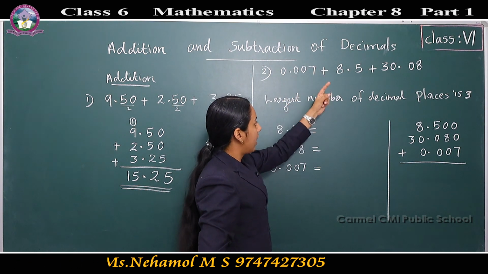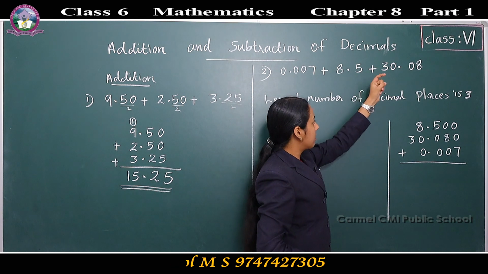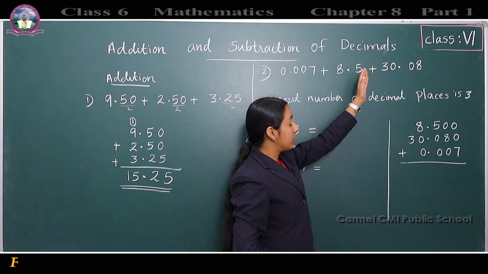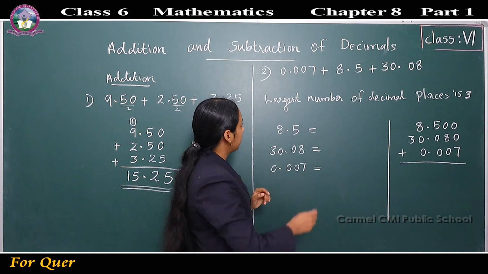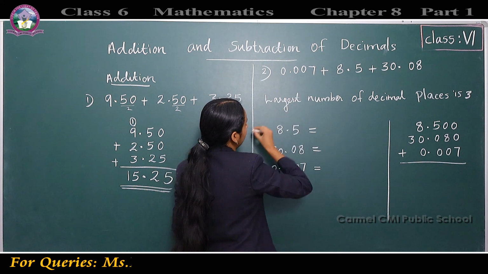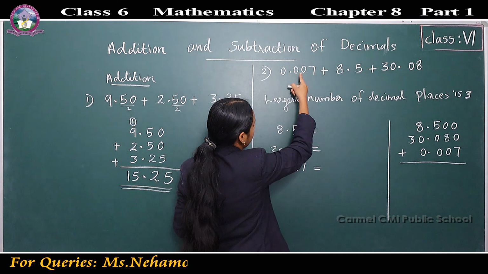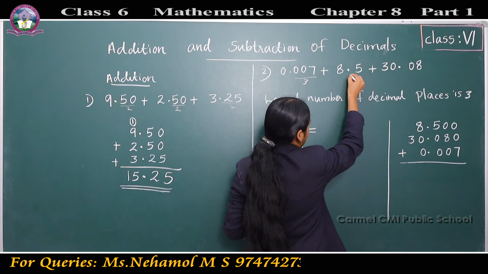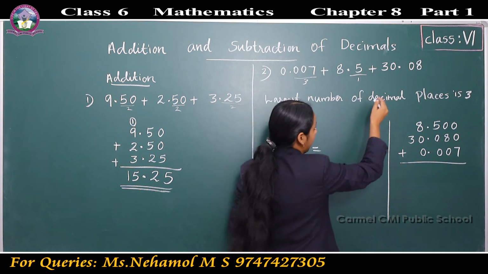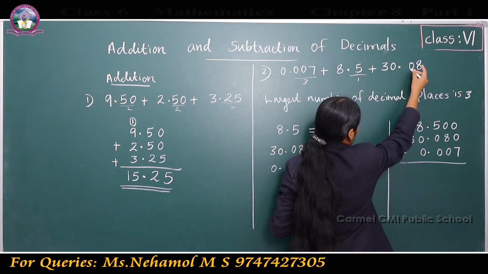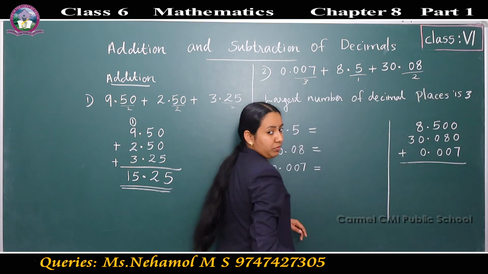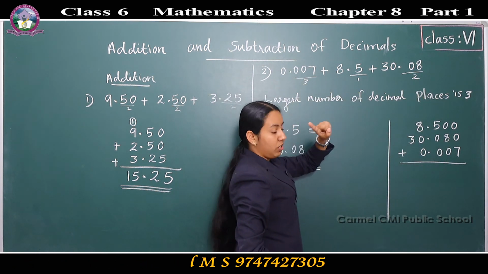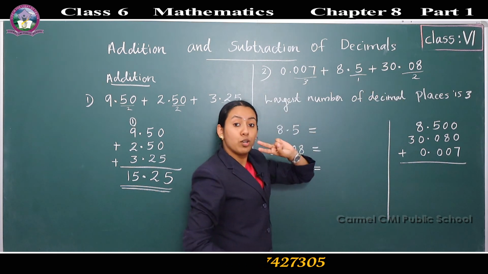Next example, 0.007 plus 8.5 plus 30.08. We have to add these three numbers. Here in the first number, how many decimal places are there? 1, 2, 3. 3 decimal places are there. Then what about the second number? Only 1 decimal place. And this number, 1, 2. First number 3 decimal places, second number only 1, and the last number 2 decimal places.